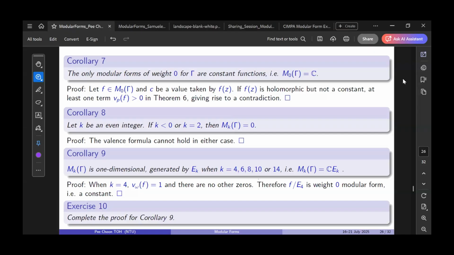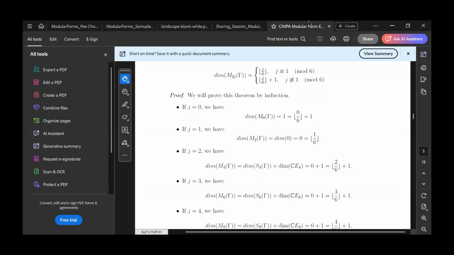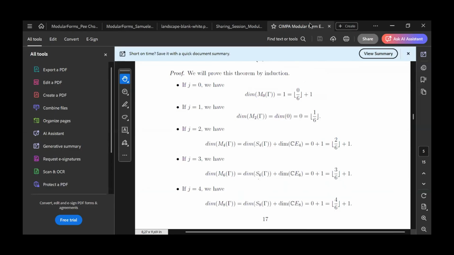So from this, for M0 we have known that it is constant; if it is constant, then the dimension is 1.